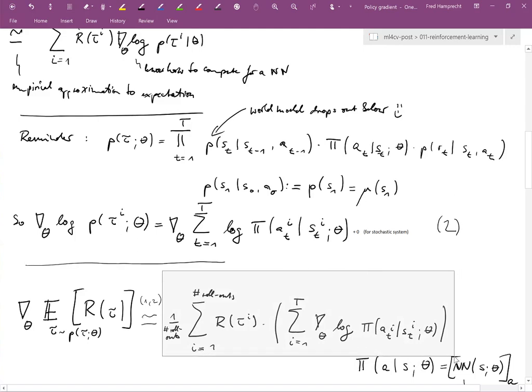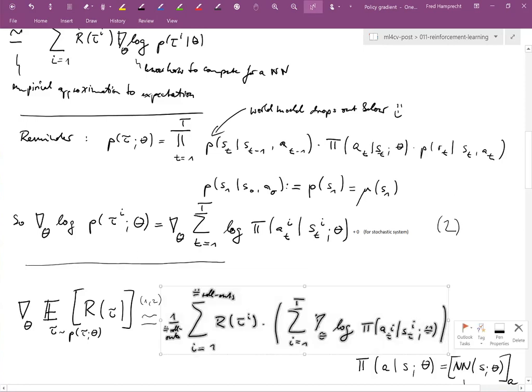I look at a particular rollout, a particular realization, how well it did, and then weight this with the gradient of the log of the probability of the action that was taken given the state that the system was in and given my parameters that define the policy.